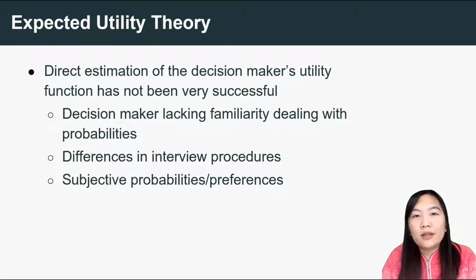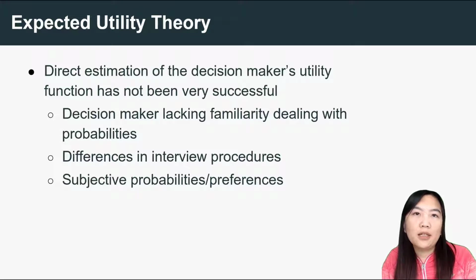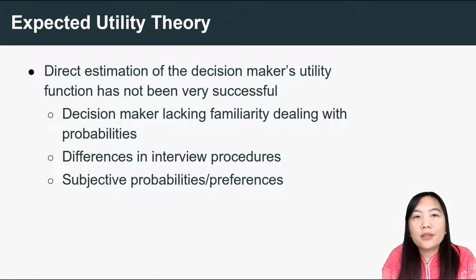For a very simple case, like a half and half chance, it might be okay. Once the situation becomes a little more complicated, the decision maker might not be familiar with probabilities, so the results from that interview or survey might not be credible.